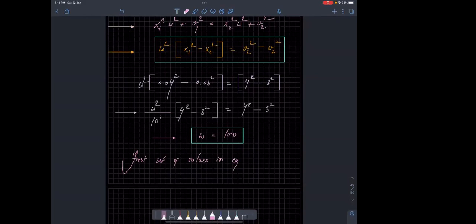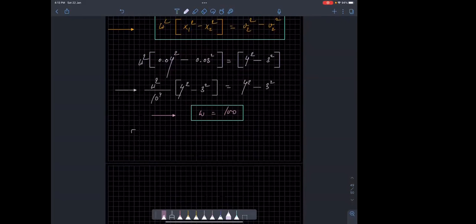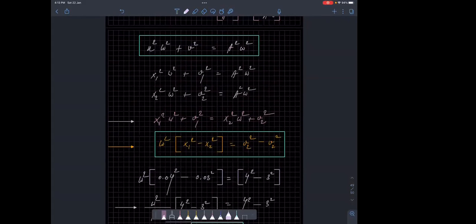In equation 1. Anyway, next page I'll do. So find A using omega. Now, if you want to find A using omega, I'll use this equation.